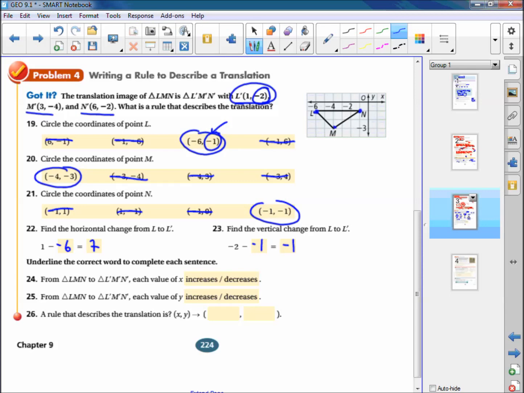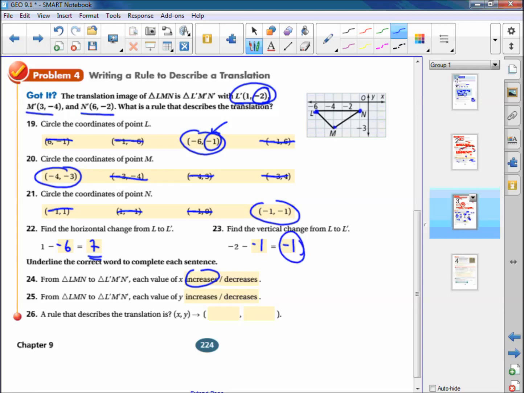All right. So from triangle LMN to L prime, M prime, N prime, each value of X was what? Let's see. It was +7 for the change. So it increased 7. Okay. And to go from LMN to L prime, M prime, N prime, each value of Y, let's see, what did it do? It decreased.